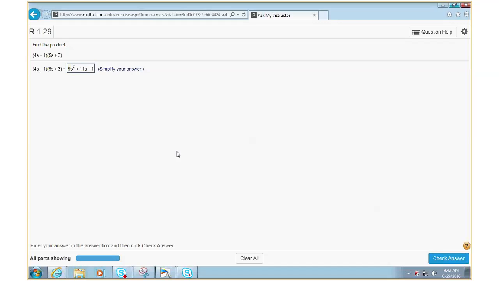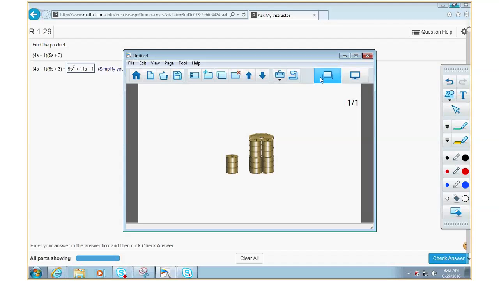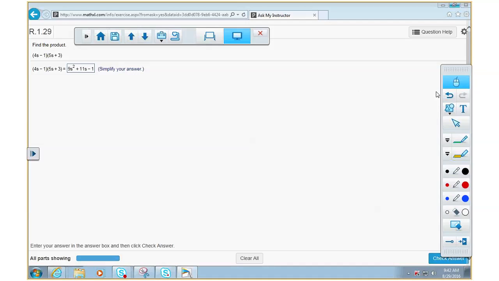Okay, so product means you're doing what? Multiplying. Oh, y'all are awake this morning, aren't you? Let's go to transparency. And let's use the FOIL method probably.